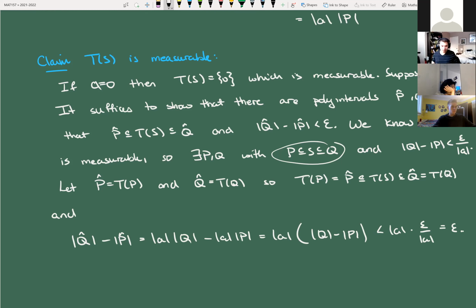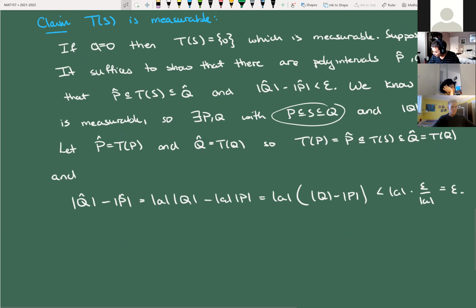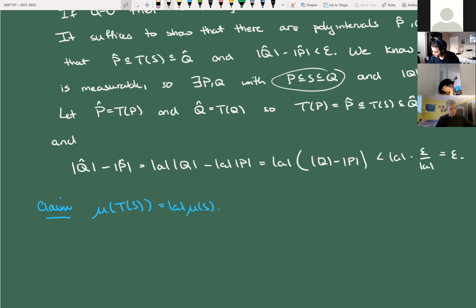Okay, all right, we're just about done. So now we know that the image set is measurable. Now we just need to show that it is what we want it to be. So now, claim, we're just about done, that the measure of T of S, so now this makes sense and we can even write it down, is equal to A times the measure of S. For this, once again, let's do the A equals 0 case right now.